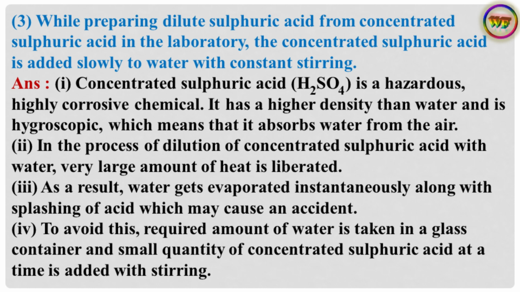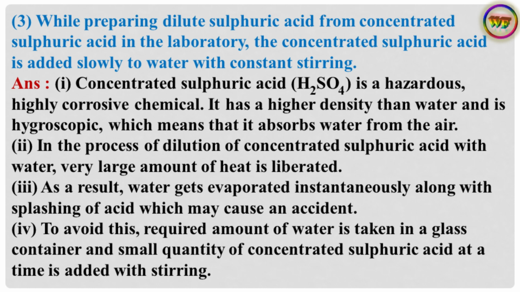Point 2. In the process of dilution of concentrated sulfuric acid with water, a very large amount of heat is liberated. Point 3. As a result, water gets evaporated instantaneously along with splashing of acid, which may cause an accident. Point 4.